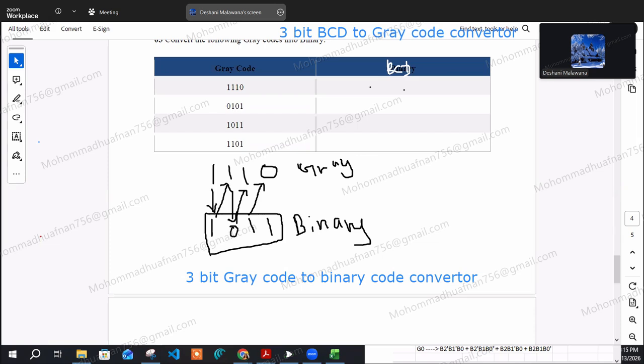Okay, once you've done the truth table, first send me a screenshot of the truth table. Then after that you can go for the circuit design part. No, before that you have to generate the equation first through the K-map. Then after that go for the circuit generation part, okay?